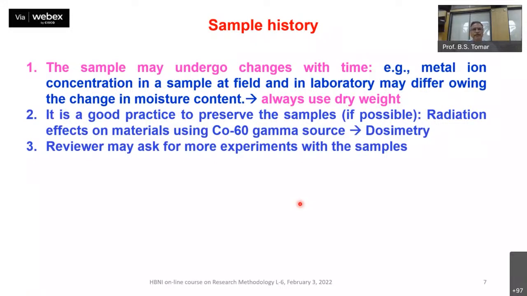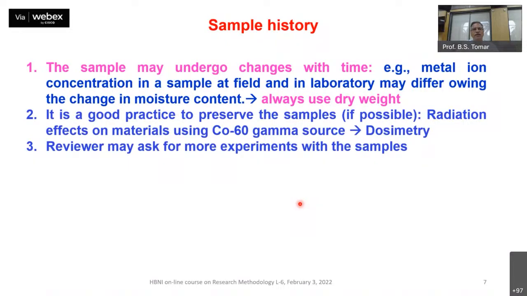Similarly, it's a good practice to preserve the samples if possible. Many times it's not possible to preserve. If you are doing a destructive measurement, you cannot preserve it. But if you are measuring, for example, the radiation effects on materials using gamma rays, or you are doing some dosimetry, then it's possible to preserve the samples.